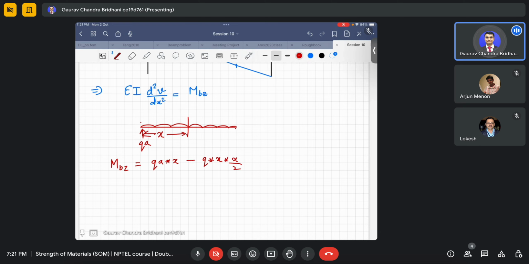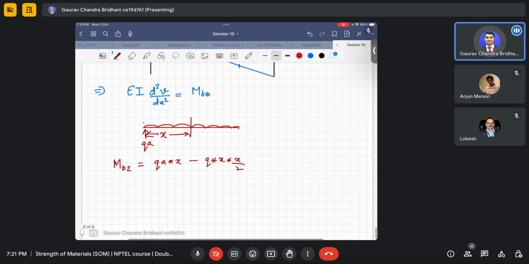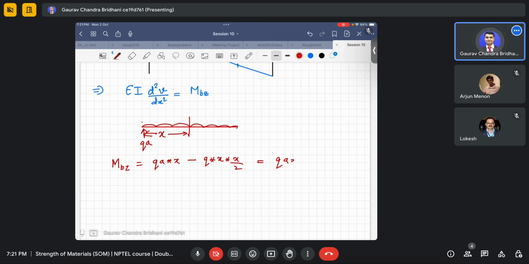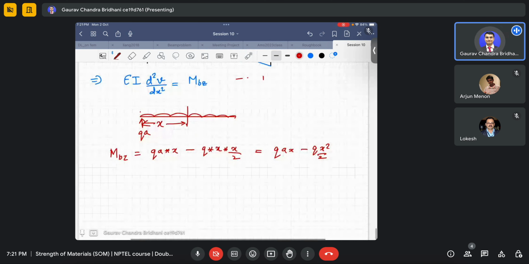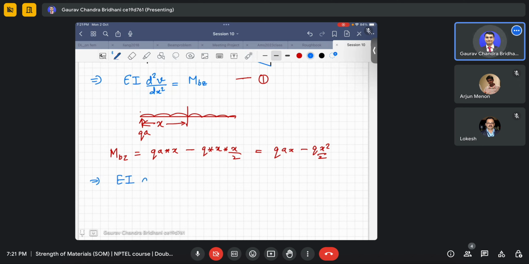So we assume that the full UDL is acting at the centroid. So what it comes, qax minus qx square by 2. Now this is the bending moment for me. So I will substitute this here in equation 1, okay. So what I get, EI, and I am assuming E and I are constant, okay.